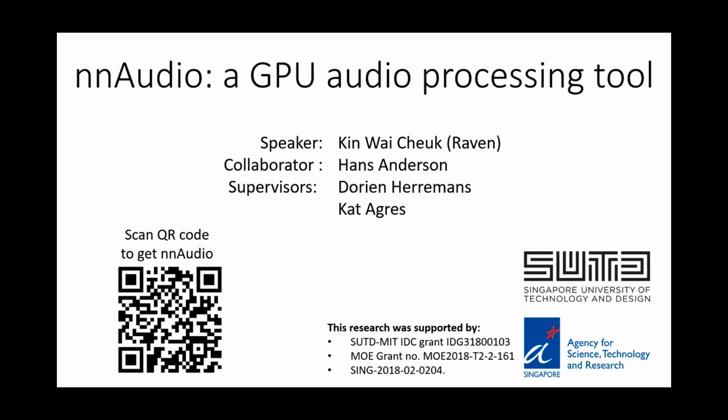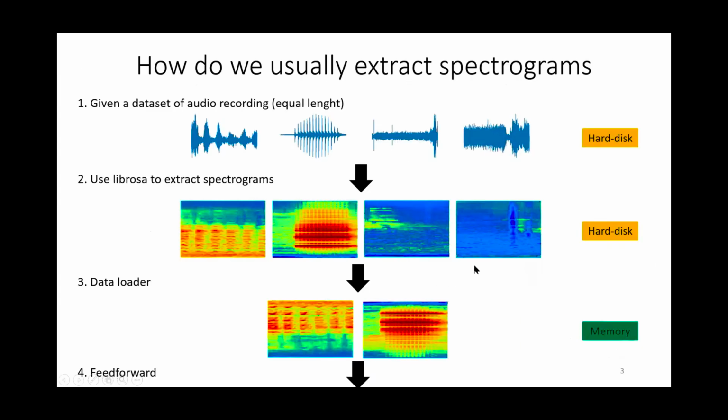Let's get started. So why do we need to extract spectrograms? The problem is if we use the raw audio to feed to our model, it is quite difficult to extract information directly from the raw audio. So most of the time we convert our audio recordings into spectrograms.